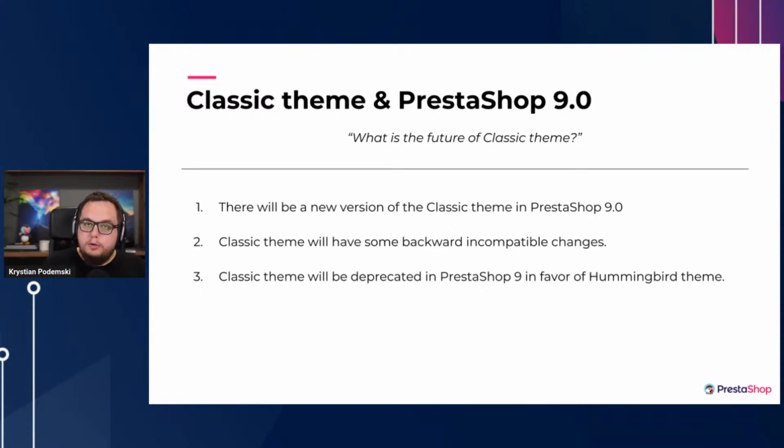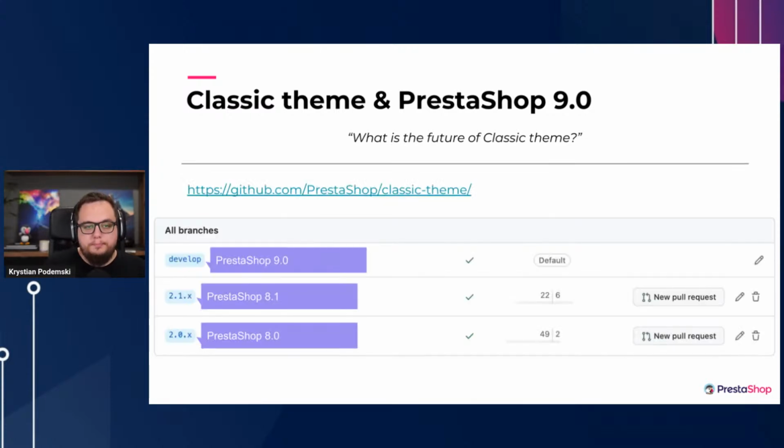There will be some backward incompatible changes, and we do that simply because we want to provide you with the full support of WebP images and AVIF images in your themes. And last but not least, this will be probably, but I'm pretty sure of it, the last version of Classic for PrestaShop. The Classic theme is going to be deprecated in PrestaShop 9 in favor of the Hummingbird theme.